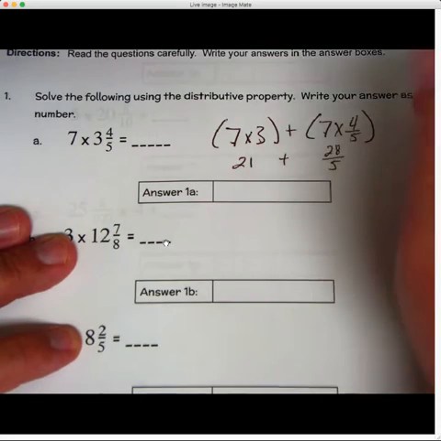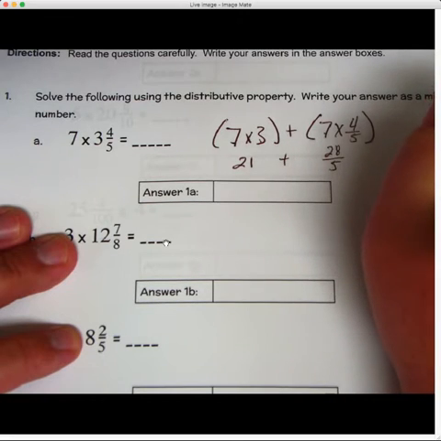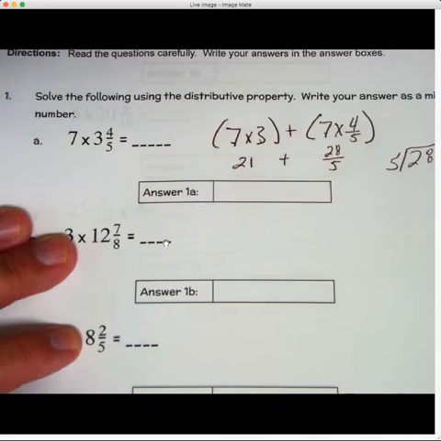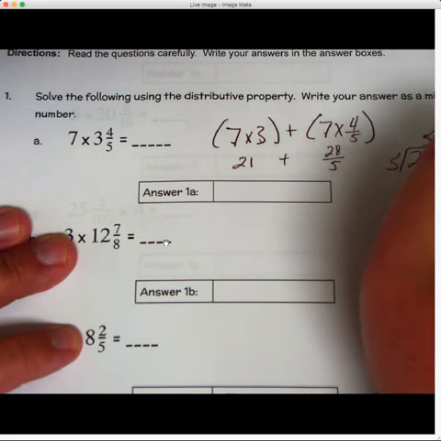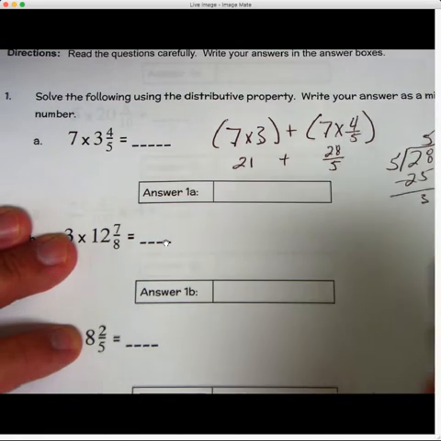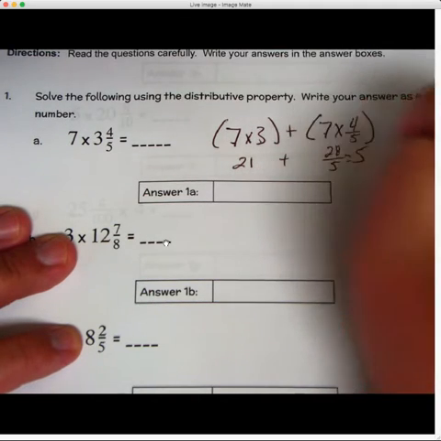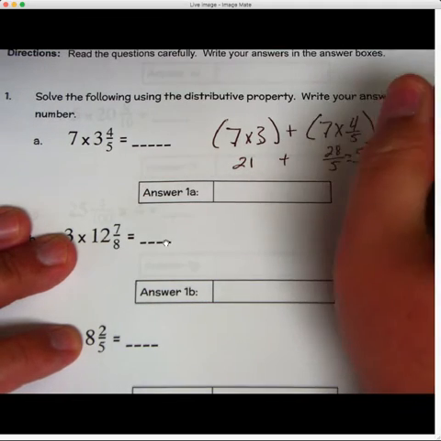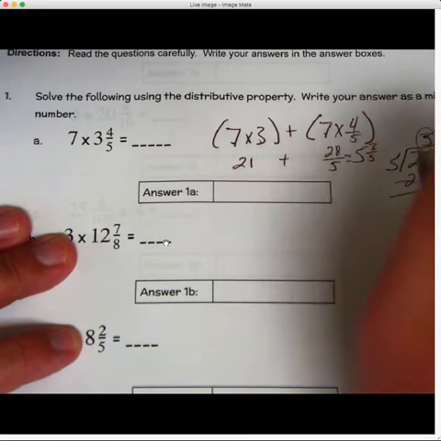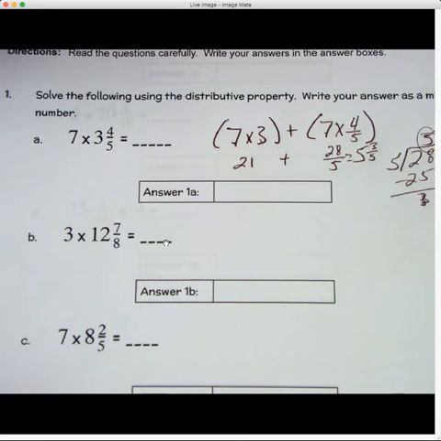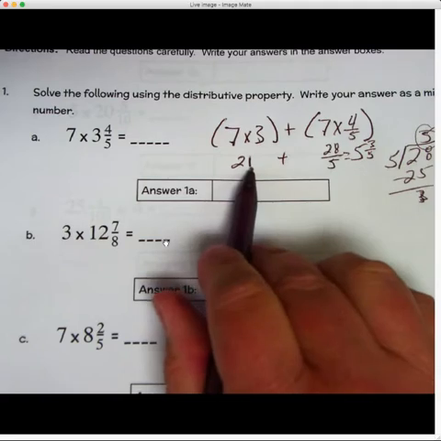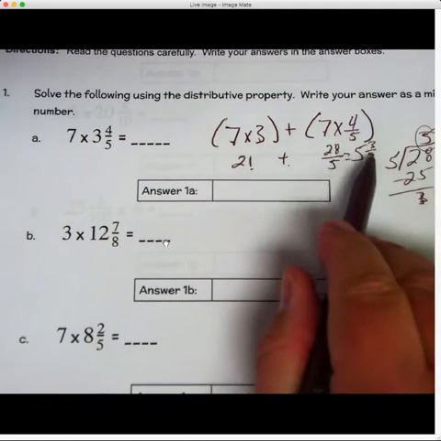Or you could just divide 28 divided by 5, and you would get 5 times 5 is 25 with a remainder of 3. So 28/5 equals 5, and we have 3 left over, 5 and 3/5. Okay, so now we have 21 plus 5 and 3/5.